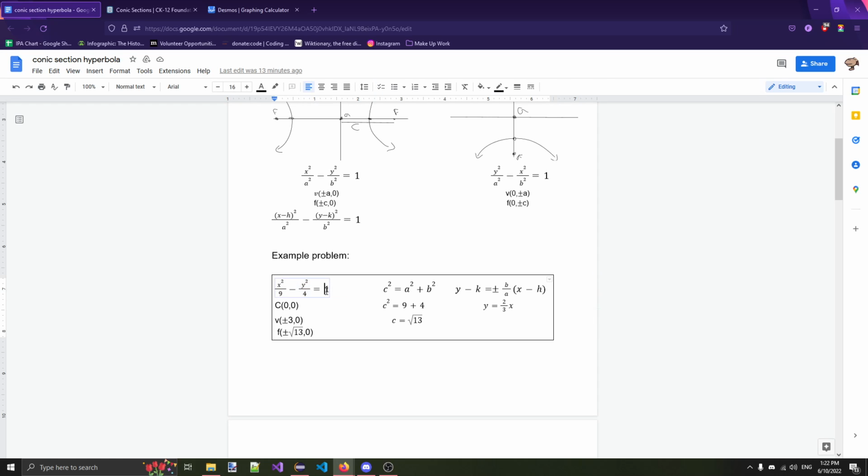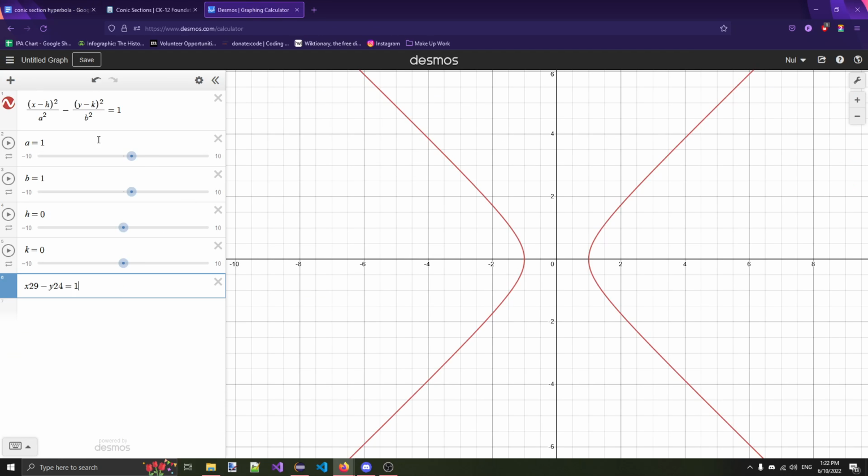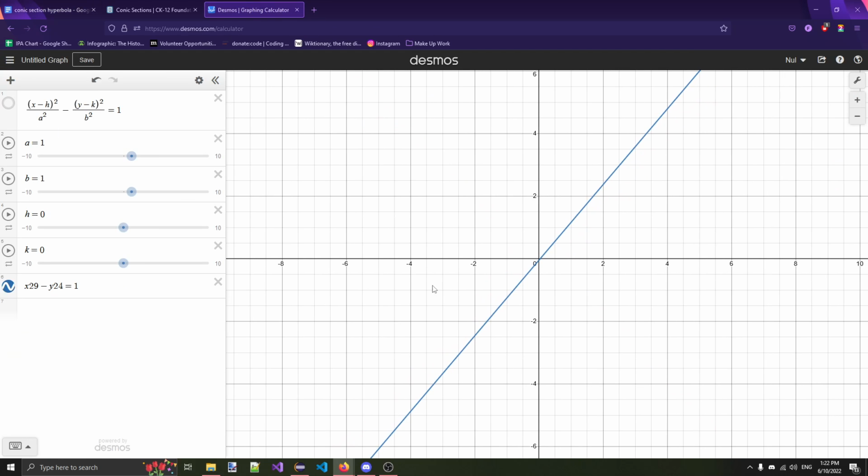Now, my partner in crime, Josh Schragen, is not a master of formatting, so I'll explain how all of this works, if I can figure it out. We have our hyperbolic equation here. Let's just for fun plug that into Desmos. That didn't work. That's not what it was supposed to do.